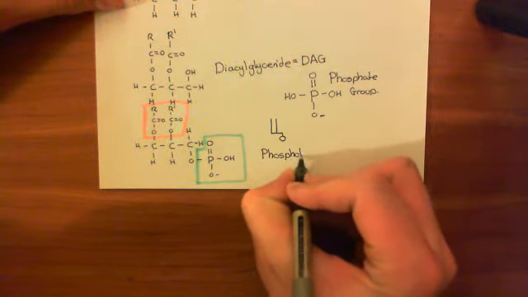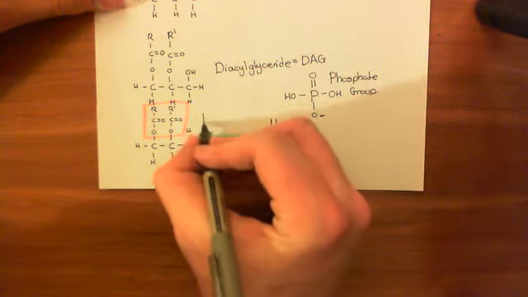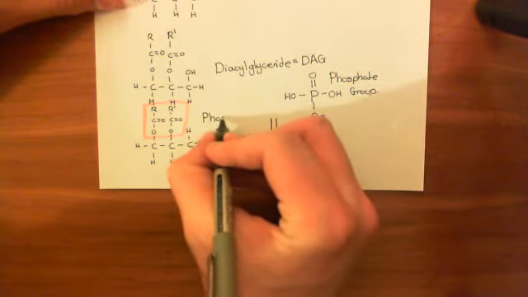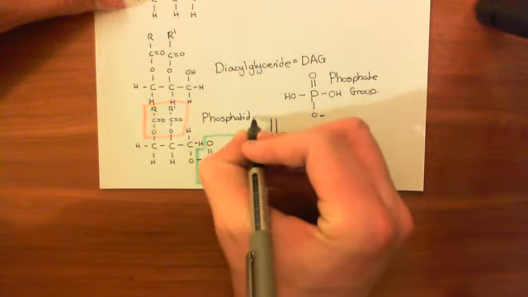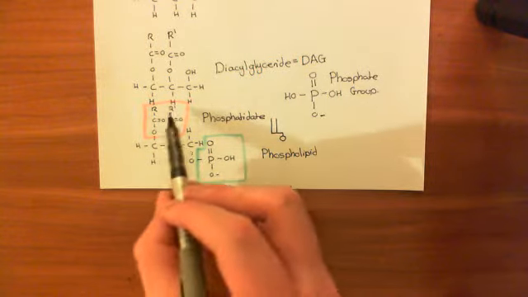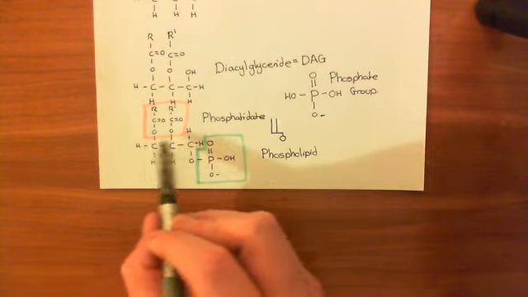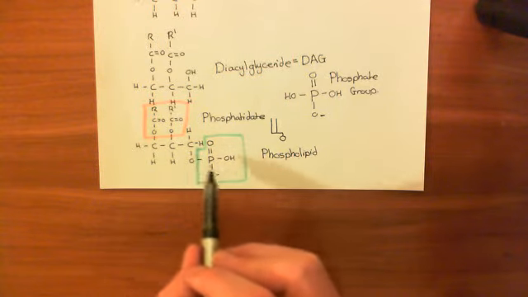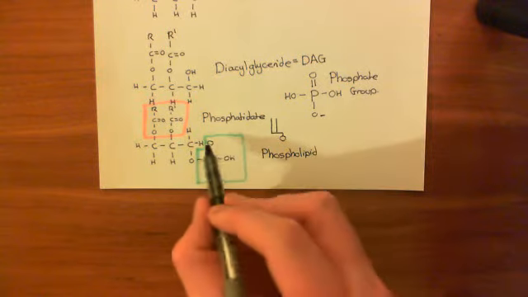Another name for a phospholipid is phosphatidate. If you ever see the name phosphatidate, it's referring to this molecule of two long-chain carboxylic acids esterified to the first two hydroxyl groups of glycerol, and then a phosphate group linked to the third hydroxyl group. So that's phosphatidate.